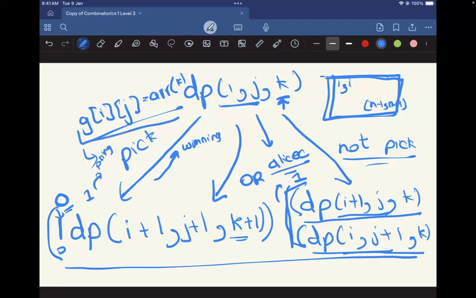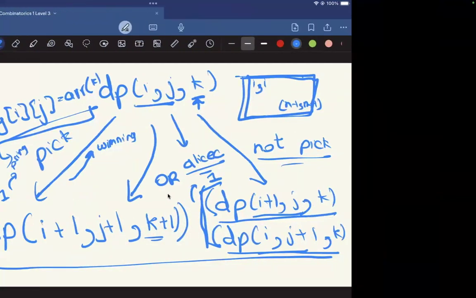But when I picked up the current element, it is not that person's chance. So dp i plus 1 j plus 1 k plus 1 represents the state for the opponent's move. And only if this is false, or if this is losing, then I can say that it is a losing state. So the dp solution is an O of n cube solution.